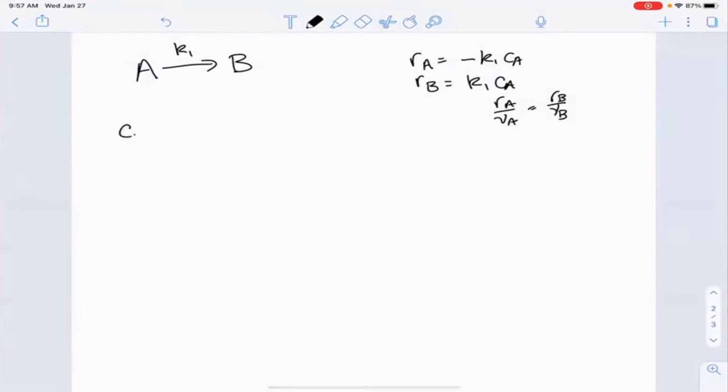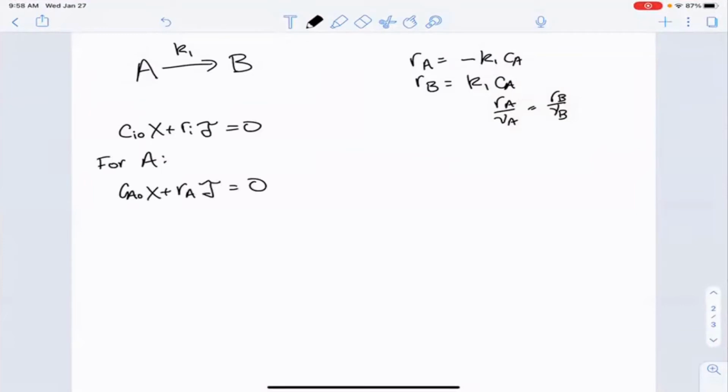And that was simply that Ci0 times X plus ri times tau was equal to 0, right? That was the result of our derivation. Well, here, let's say for species A, this gives us CA0 times X plus RA times tau is equal to 0.